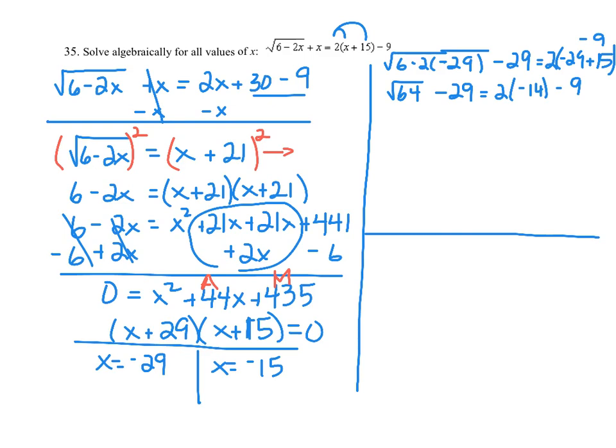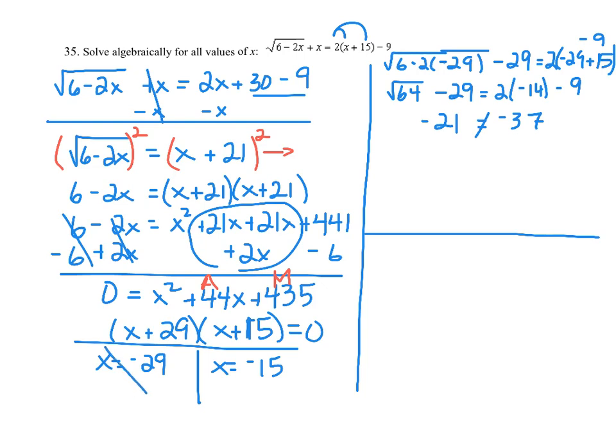And 8 minus 29 is going to give me negative 21. And then over here on the right side, 2 times negative 14 is negative 28. And negative 28 minus 9 is negative 37. So that does not work. So we're going to reject negative 29.